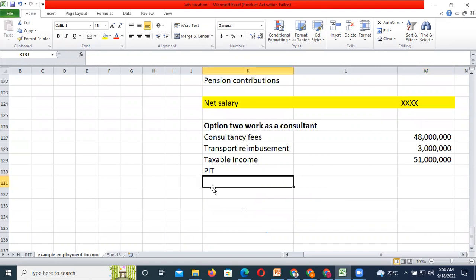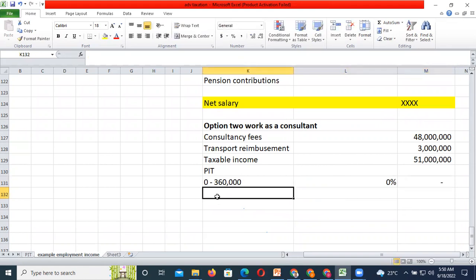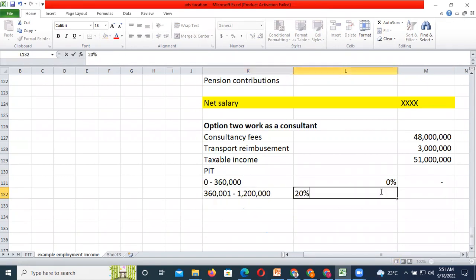Our PIT is from 0 to 360. This is 0%. Here we're going to have 0. Then 360 to 1.2 million, that is 20%. This is 168.